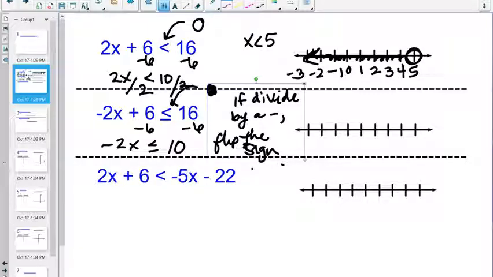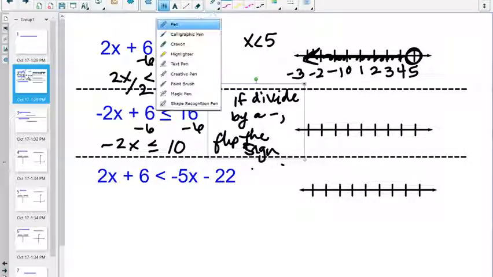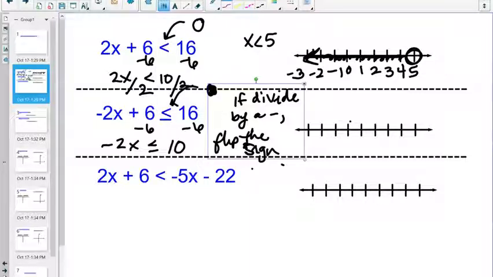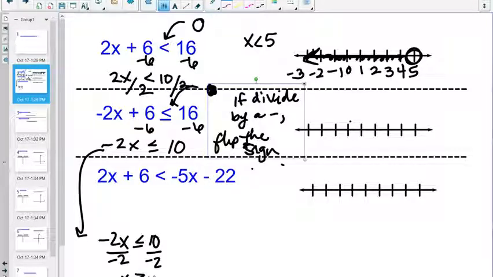So I have -2x less than or equal to 10. When you divide by a negative, not divide a negative, but divide by a negative, I have to flip the sign: x greater than or equal to -5.